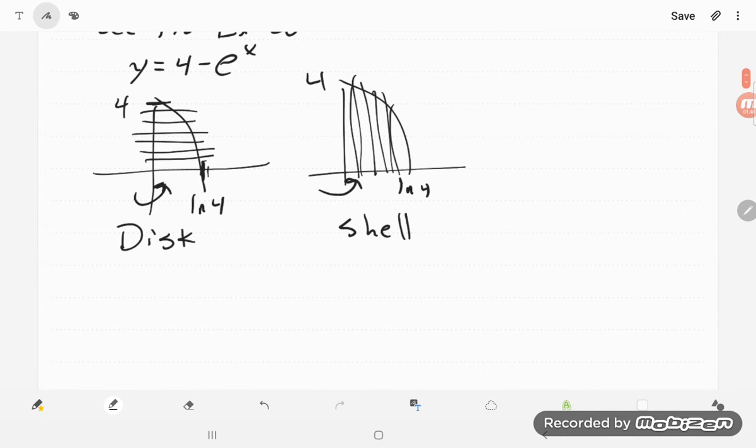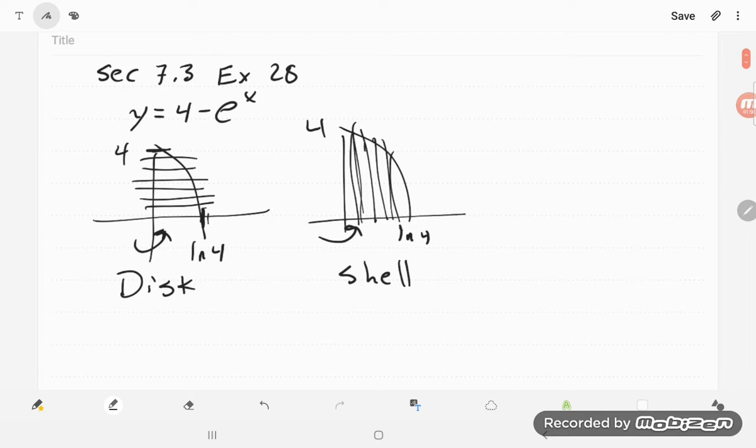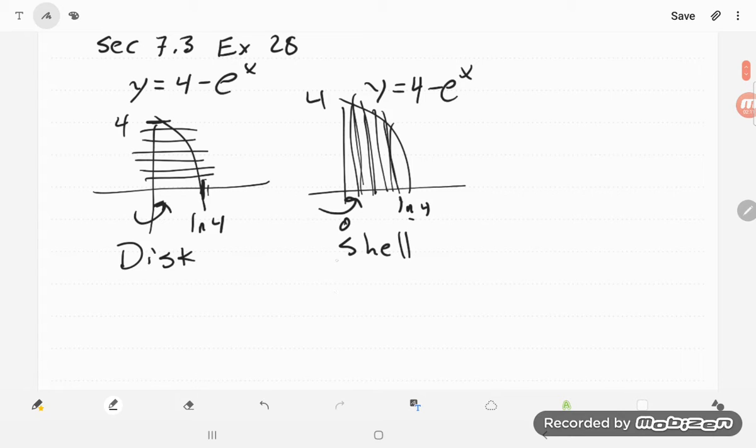And so what I like about this is I'm marching along x. I'm going from 0 to log 4. What I like also about this is I just used the function they gave me, y equals 4 minus e to the x. So here, I would set up something that is 0 to log 4.